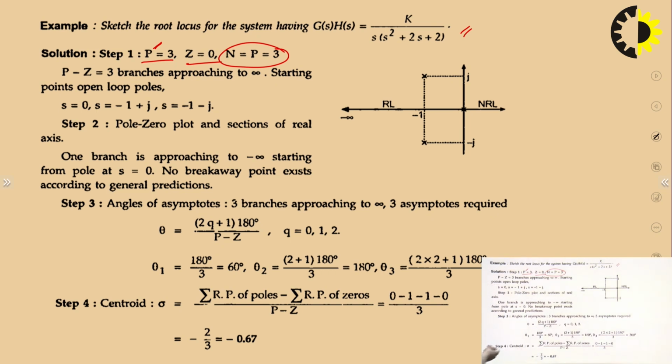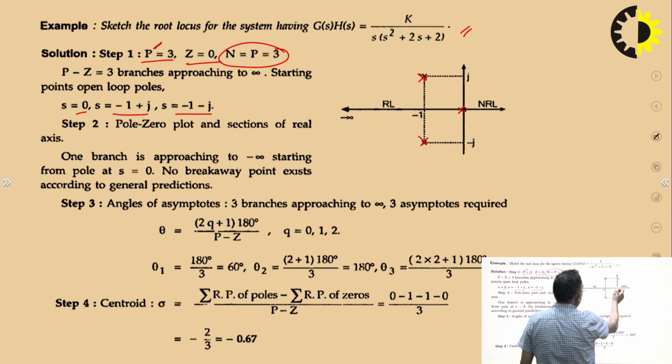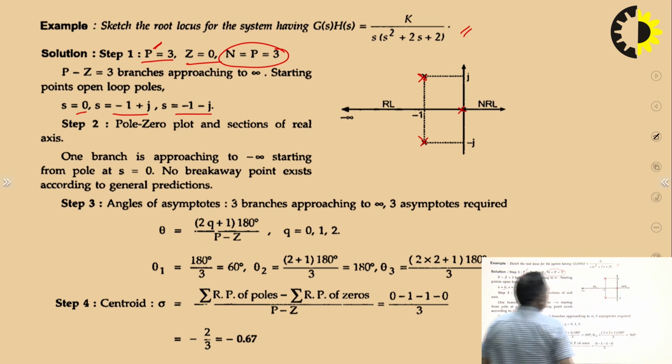For that, roots are 0 and -1 plus j, -1 minus j. So roots, one is here, one is here, one is here. Okay. So you can see this portion, because right of this there will be no root locus, and here will be the root locus.